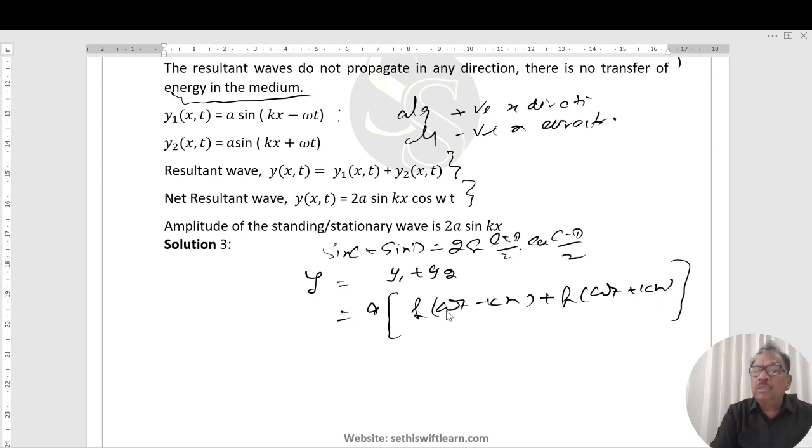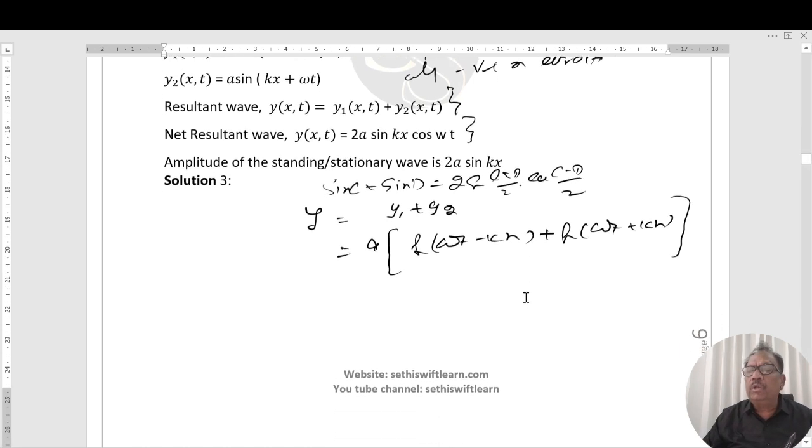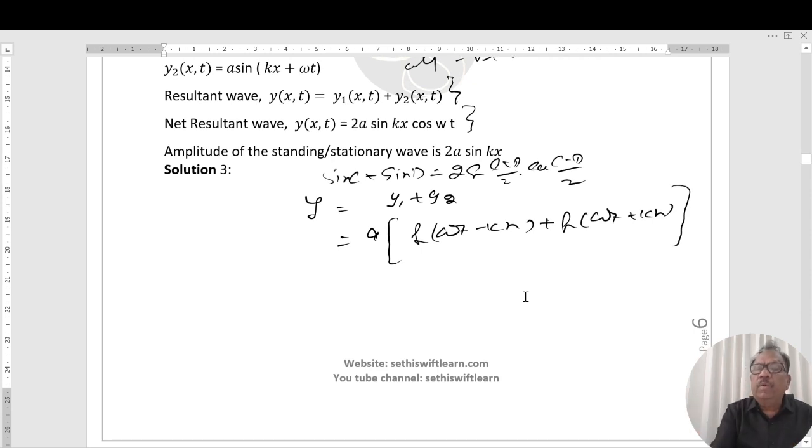Both have the same angular velocity and same propagation constant, moving in opposite directions, one in the positive x direction and one in the negative x direction, with the same nature. Now applying the formula, we get 2A sin omega t into cos kx.